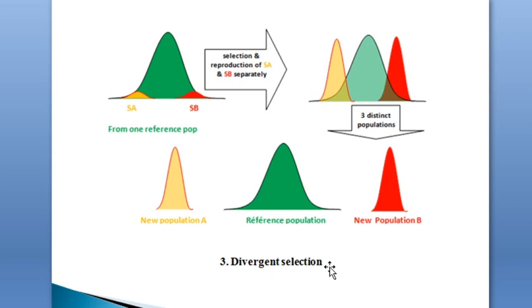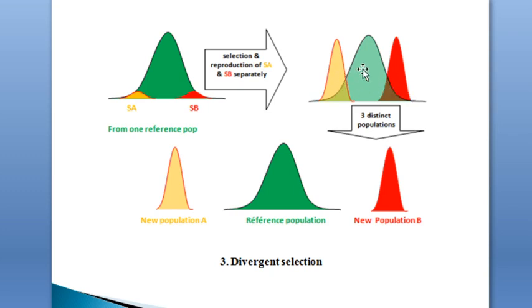The last type of selection now is the divergent selection. What is divergent selection? Divergent selection is when the individuals at the extremes are selected from the same population to create two different and divergent lines, divergent based on their performances.